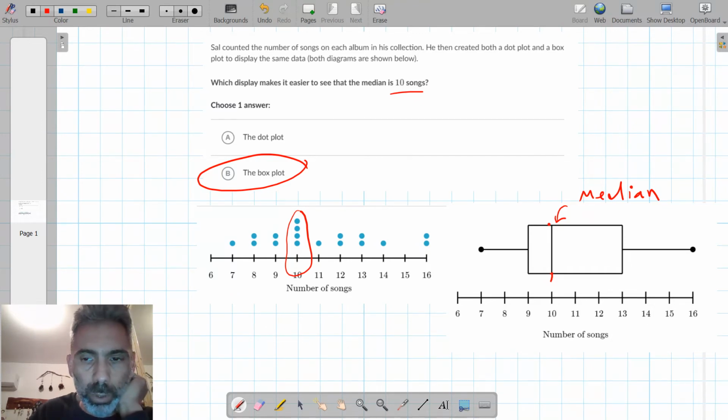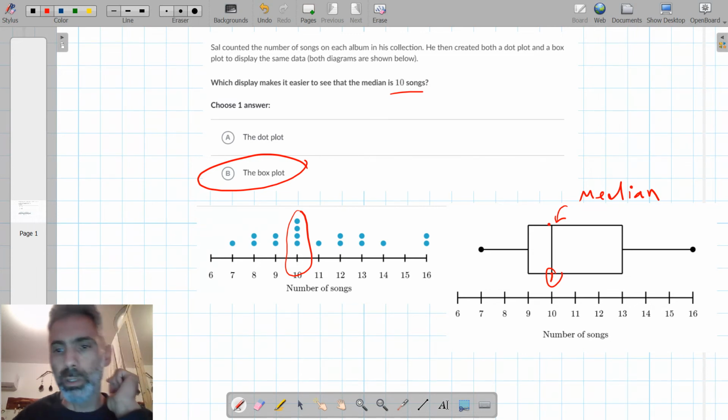And here in the box plot we don't know if there are any data points at 10, because the median says that half of the data is less than 10, half of the data is more than 10, but we don't know how many data points are exactly 10.